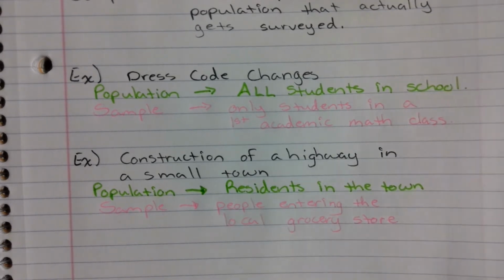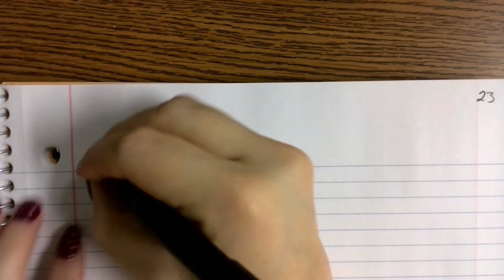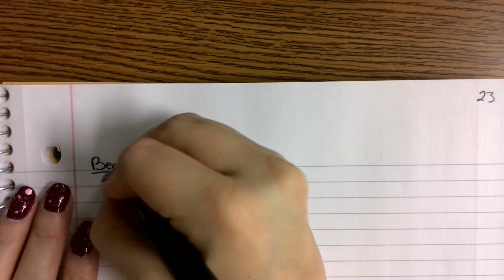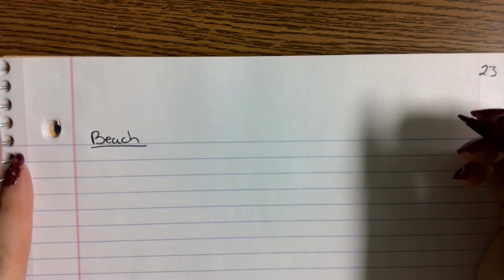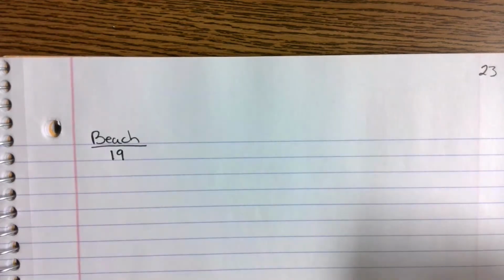Let's go ahead and turn to page 23. So let's say that we have the following information here. We have a class, and this class has brought in pictures of where they were for summer vacation.